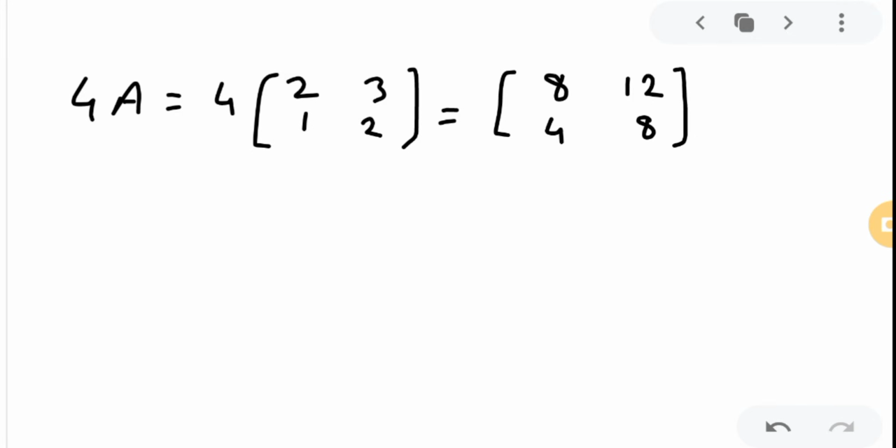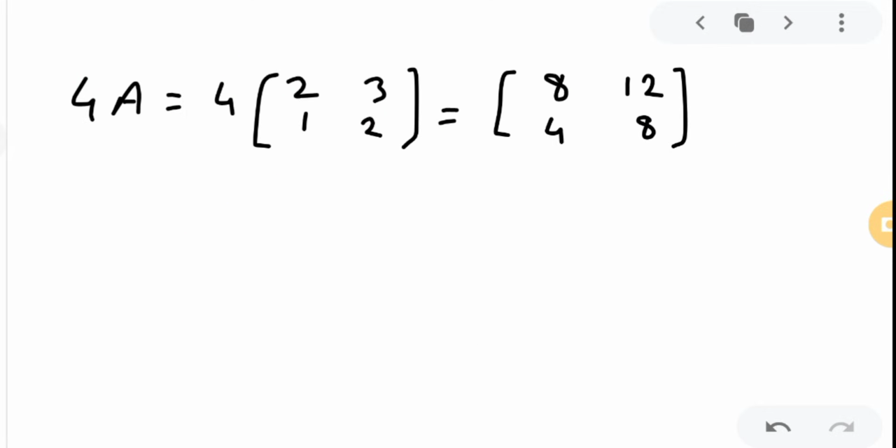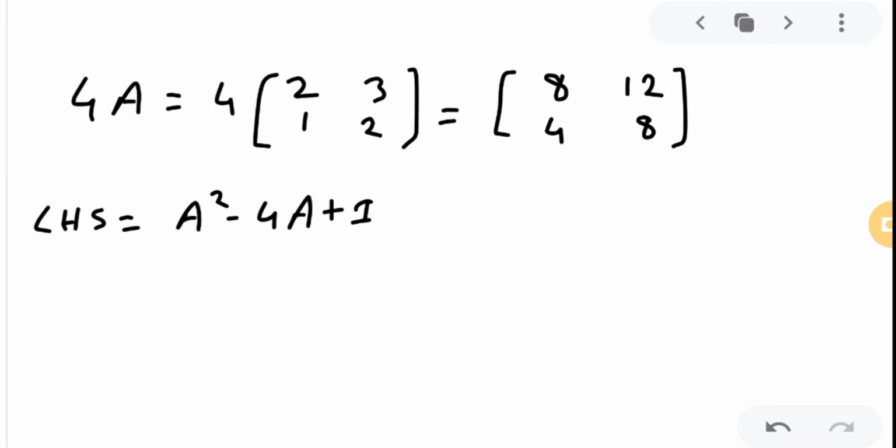Now I, correct? So now I am writing LHS, and I will check whether it is equal to the 0 matrix or not. So LHS is A square minus 4A plus I. Now everything I know.